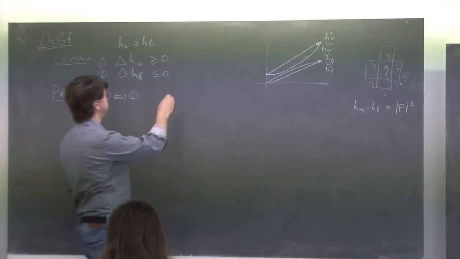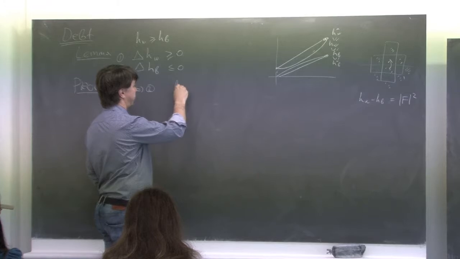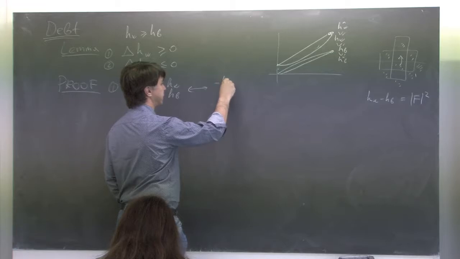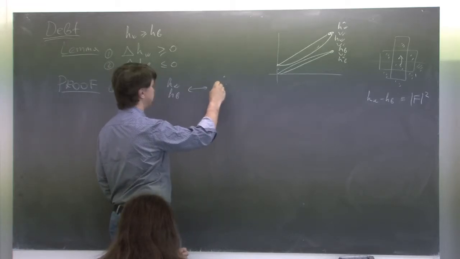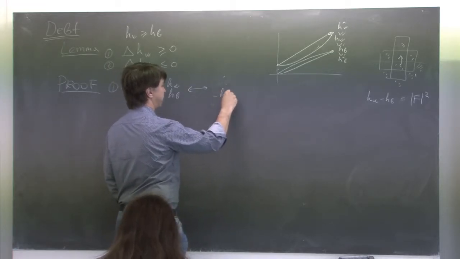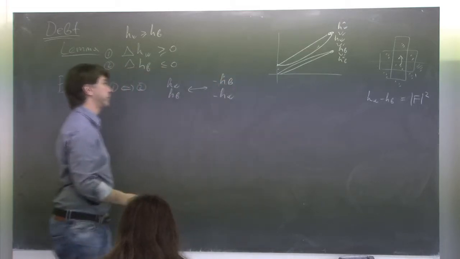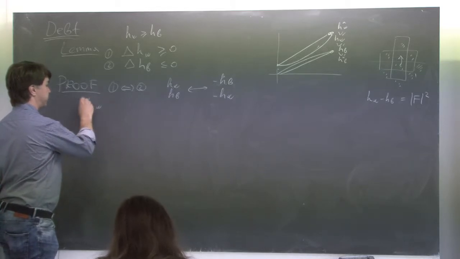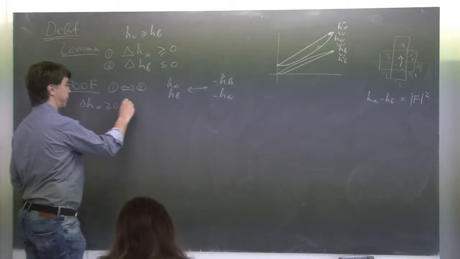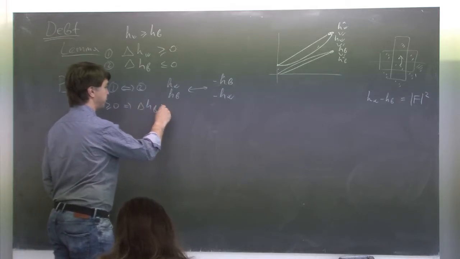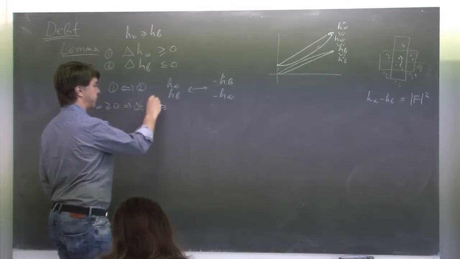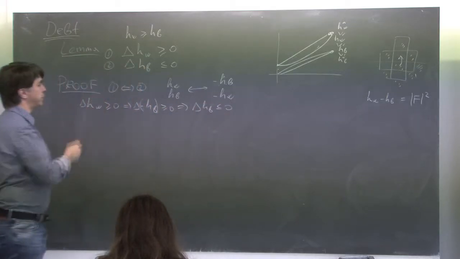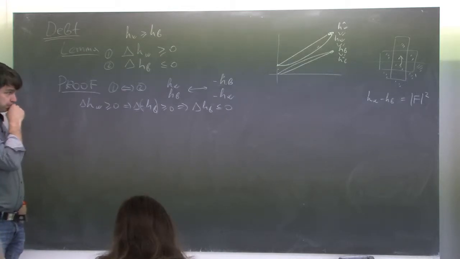So we can just go from hw, hb, to minus hw, minus hb, and there will be all the same properties. So if delta h white is positive, then delta minus hb is positive, so delta hb is negative.